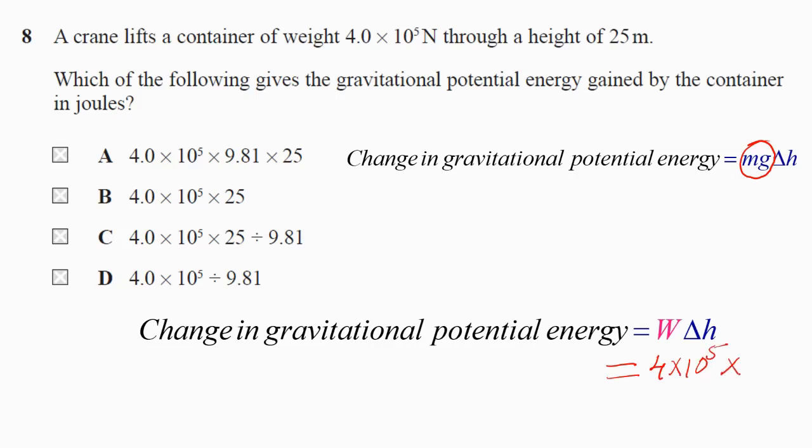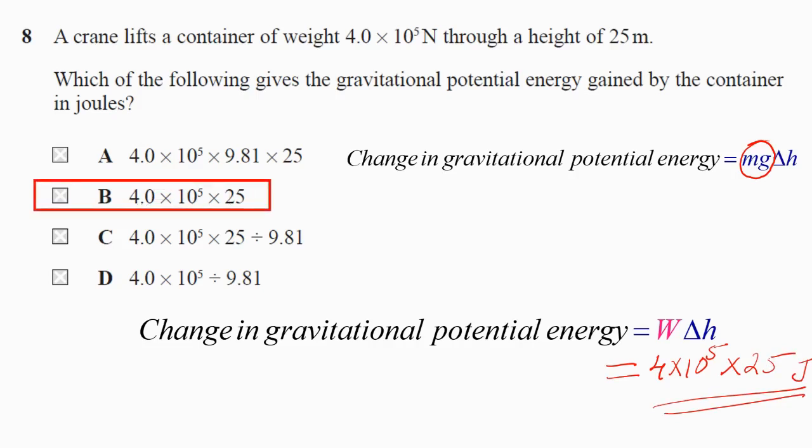Then the change in height is 25 meter. So we will get the change in potential energy equal to 4 into 10 to the power 5 into 25. So the answer of this question is the second choice, choice B.